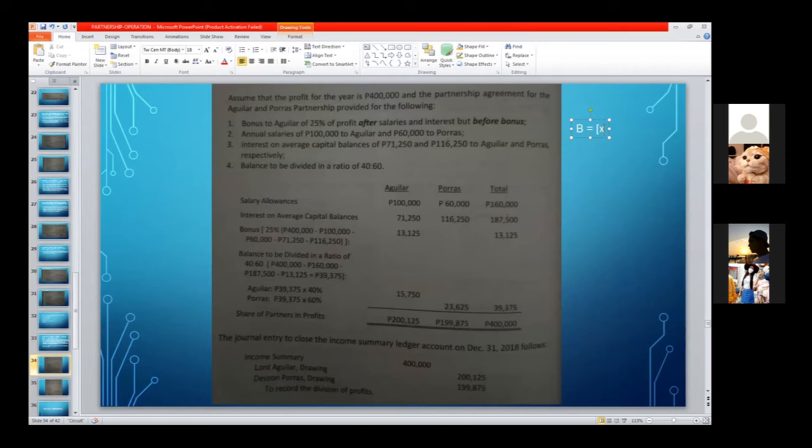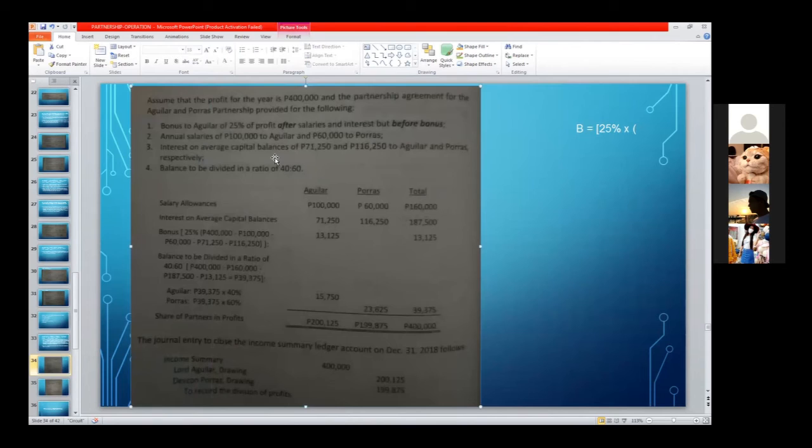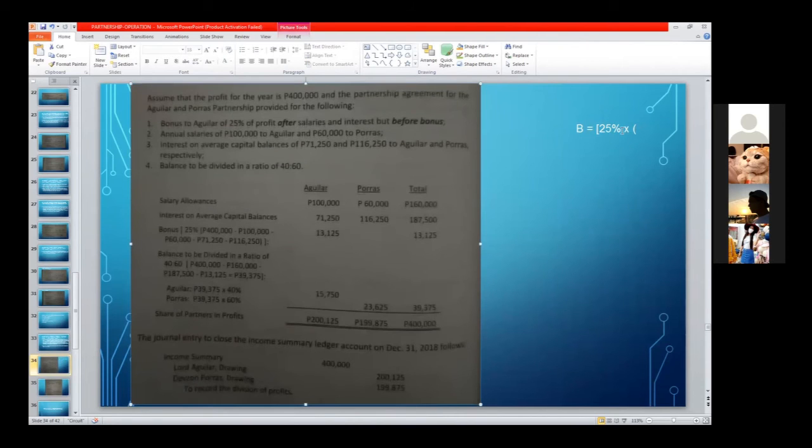Yung bonus equals 25%, kumbaga 25% times yung profit. Magkano yung profit natin? 400,000. Ayun, so 400,000.